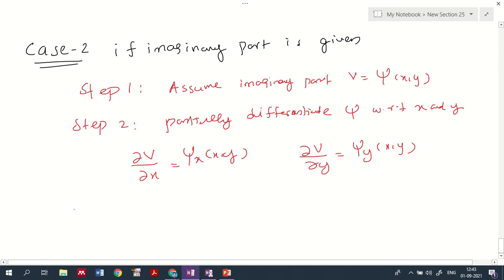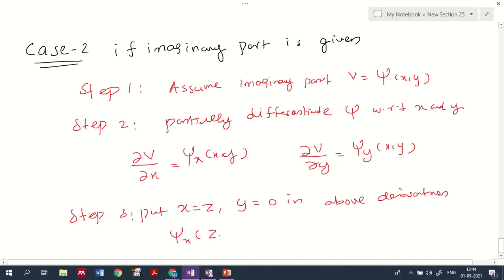And step 3, as you know, put x is equal to z and y is equal to 0 in the above derivatives, that is you will be getting psi x of z, 0 and psi y of z, 0 equal to some function.